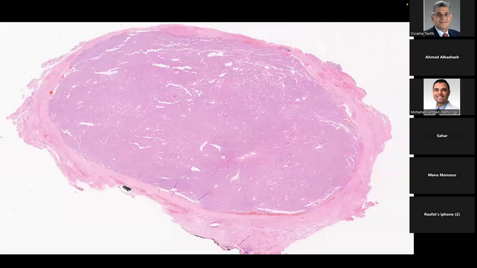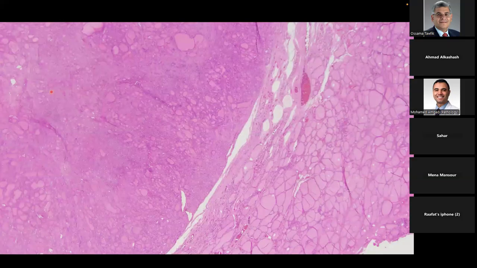Okay. Next. On higher power, you could see that again, this is a follicular pattern lesion. You can see the microfollicles. On low power, maybe you're not sure if there are PTC features or not, but here you could see a very thin capsule. It's basically compressed normal thyroid parenchyma, and here you have the benign thyroid.